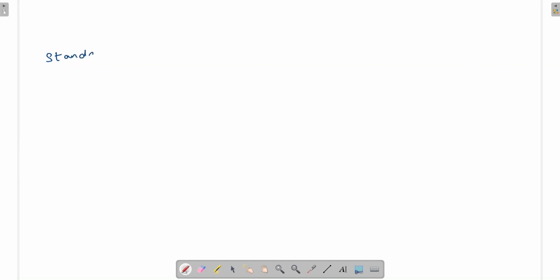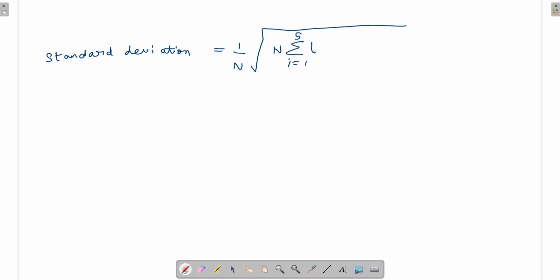So standard deviation, the formula is as follows. It is 1 by n, root of n summation i going from 1 to 5, because there are 5 values, fi xi square, minus summation i going from 1 to 5 of fi xi, the whole square.